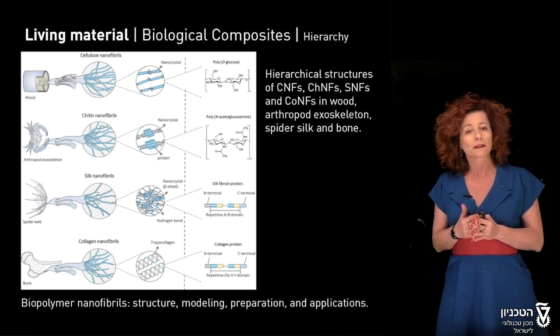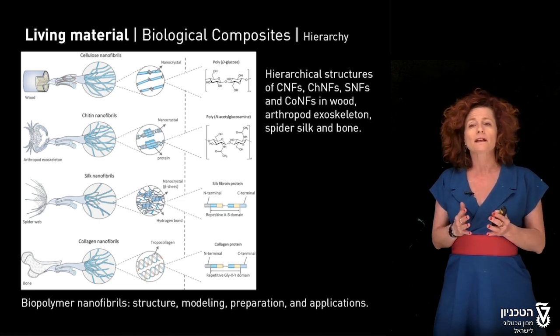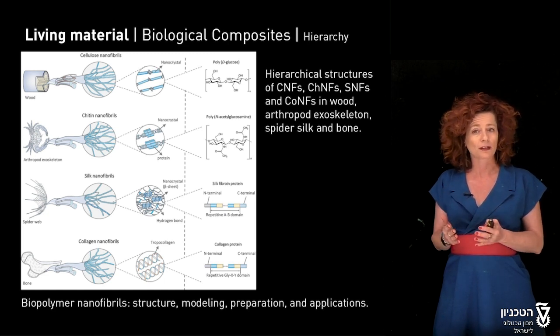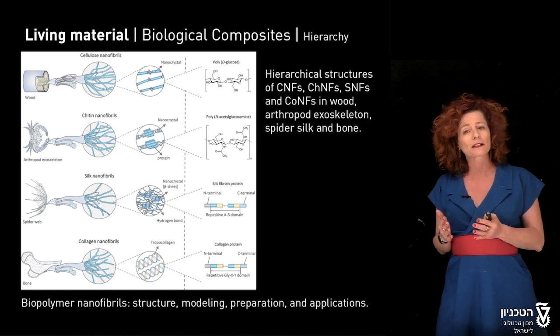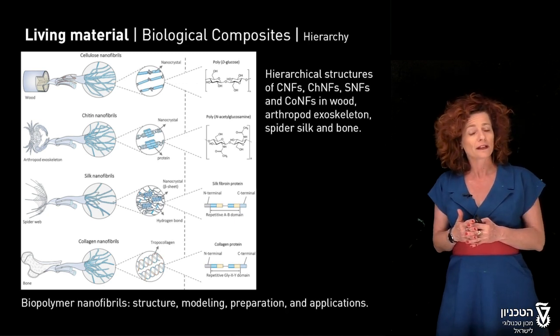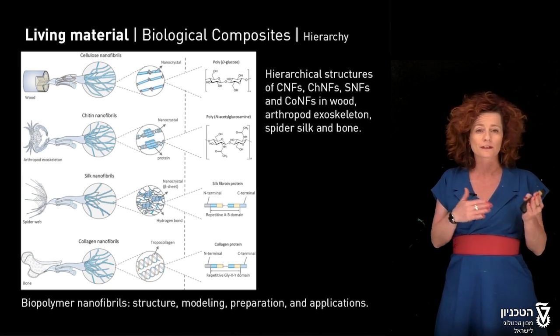And these basic building blocks are actually fibers. So mainly categorized in four families. That would be cellulose for wood, collagen for our bones, chitin for insects and arthropods, and mainly silk for spider.